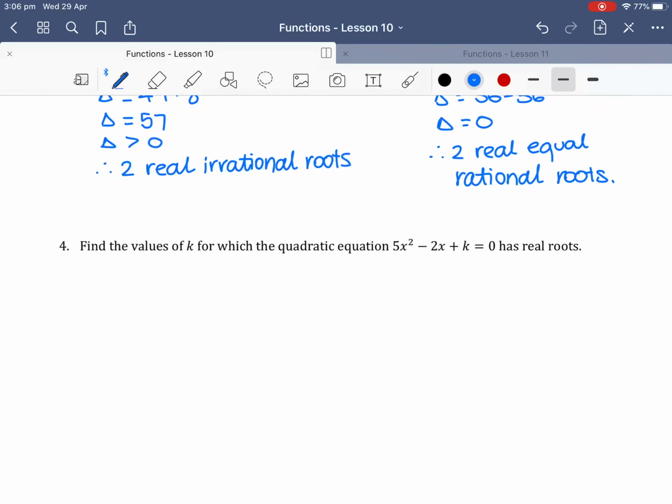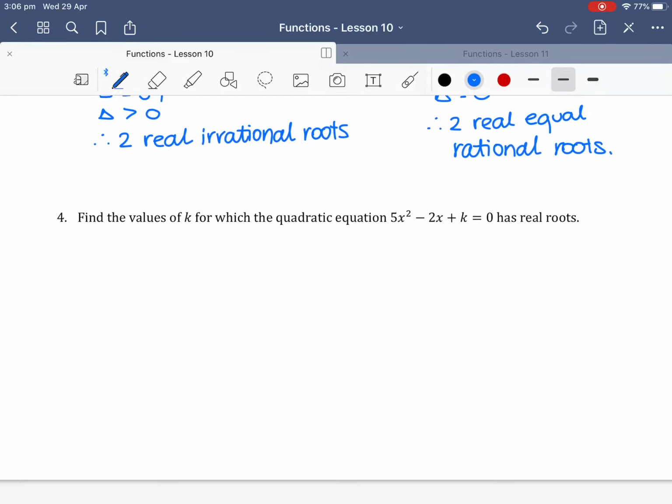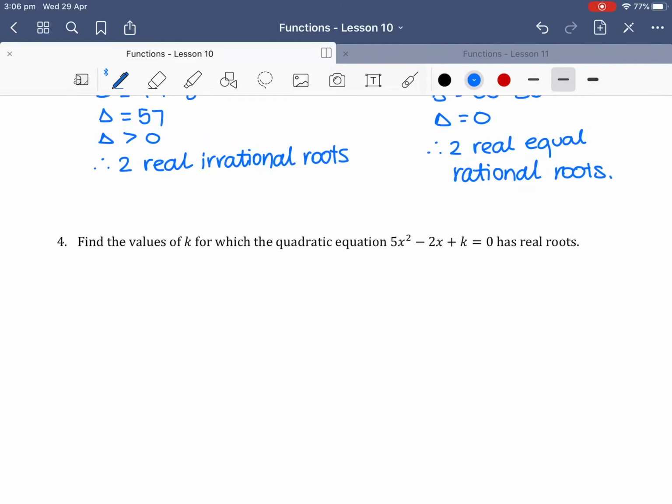For example 4, we want to find the value of k for which the quadratic equation 5x squared minus 2x plus k equals 0 has real roots. So when we want real roots, what do we want our discriminant to equal? We want our discriminant to be greater than or equal to 0.